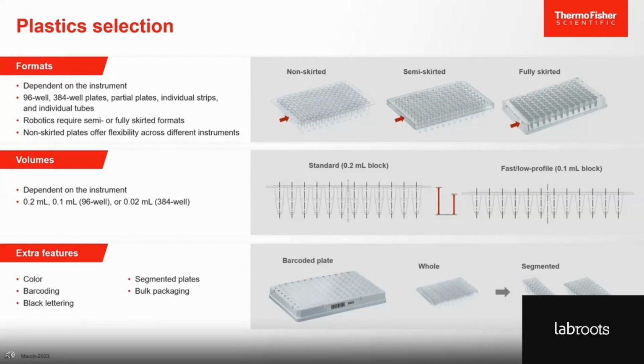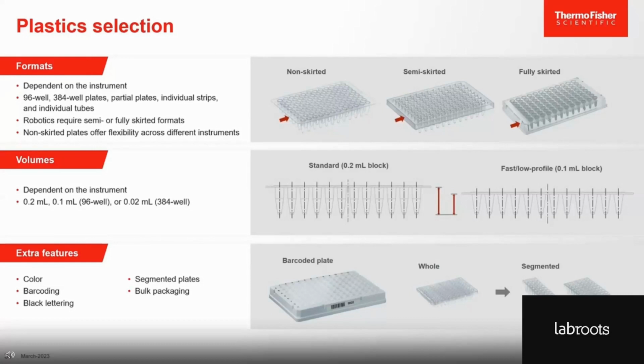The volume size for 96 well plates is either 0.2 milliliter or 0.1 milliliter, while 384 well plates are 0.02 milliliters. Additionally, customization options such as barcoding and automation compatibility should also be considered.